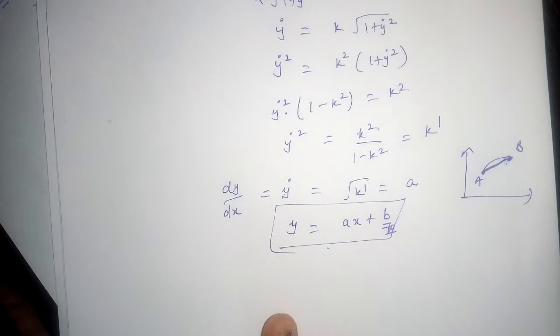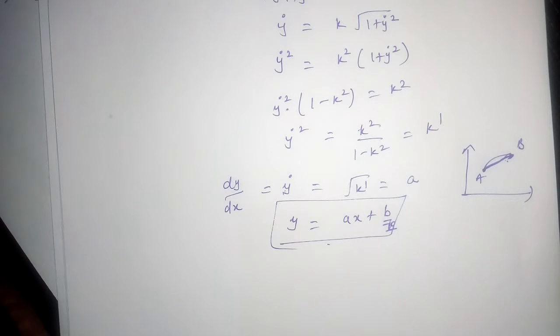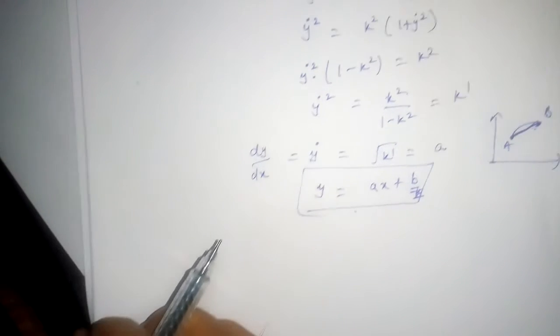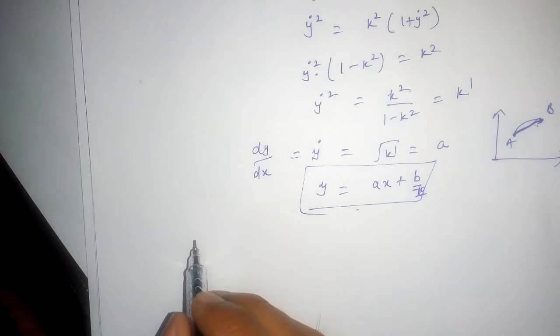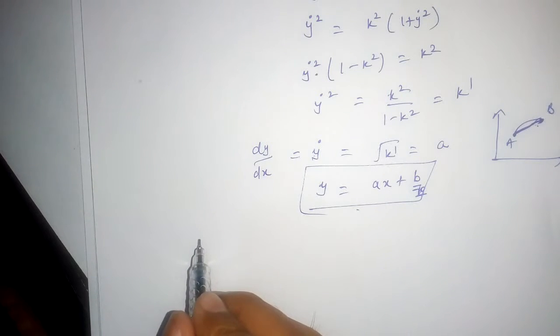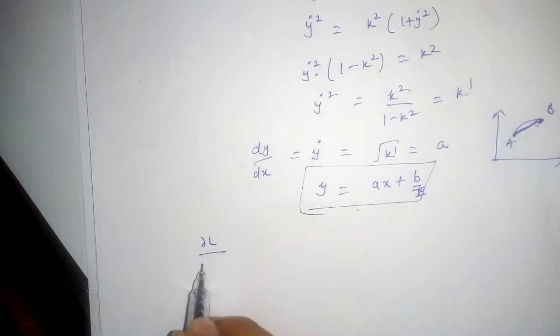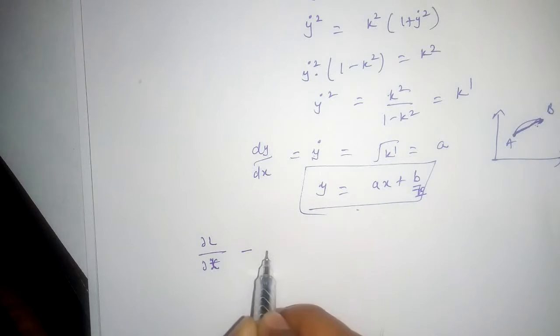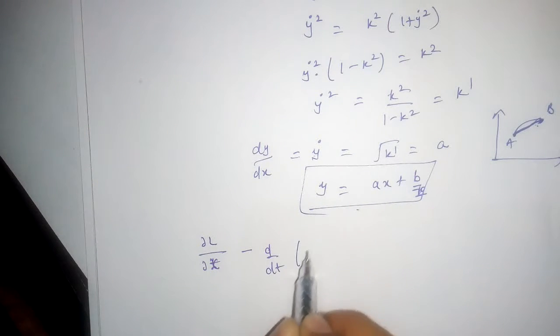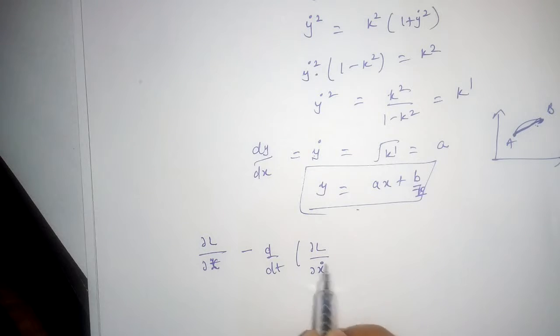So next important parameter is the momentum. Let's say I am first writing the equation of motion of the Lagrangian, delta L upon delta x minus d/dt of delta L upon delta x dot.